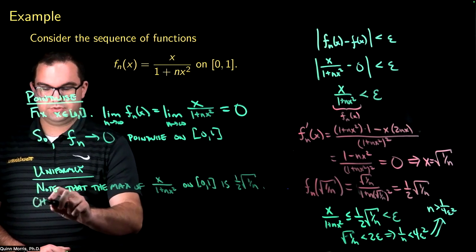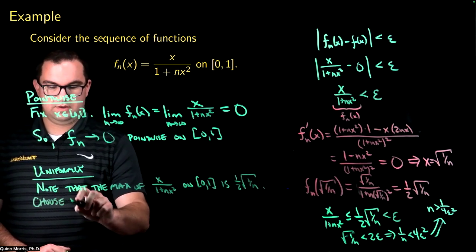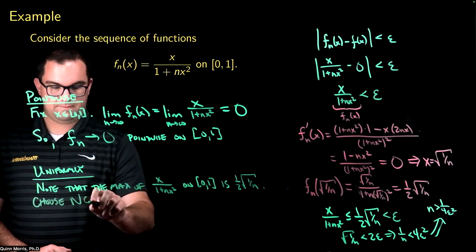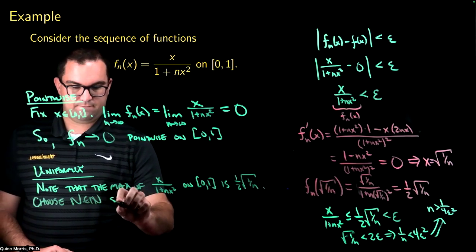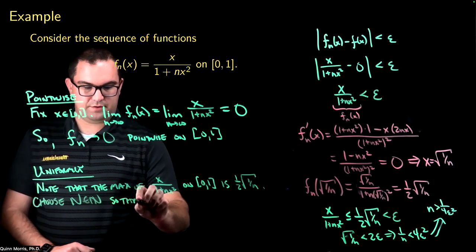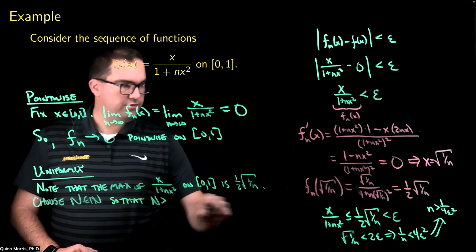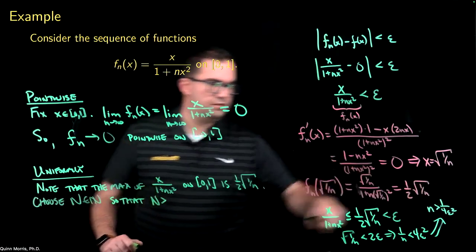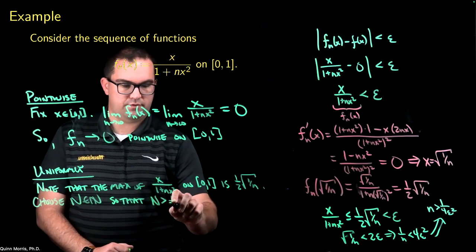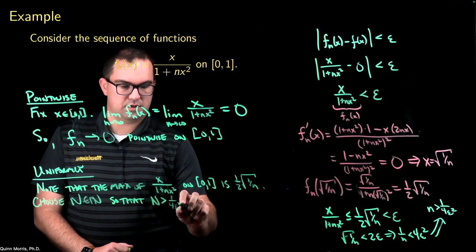And so I'm going to choose a natural number N so that this N is greater than this 1 over 4 epsilon squared.